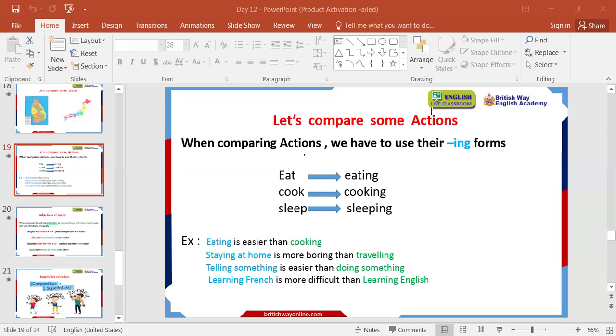Smiling is better than crying. Singing songs is easier than dancing. Swimming is more difficult than watching cartoons.